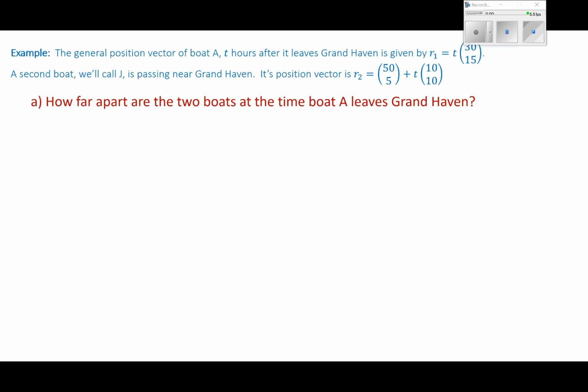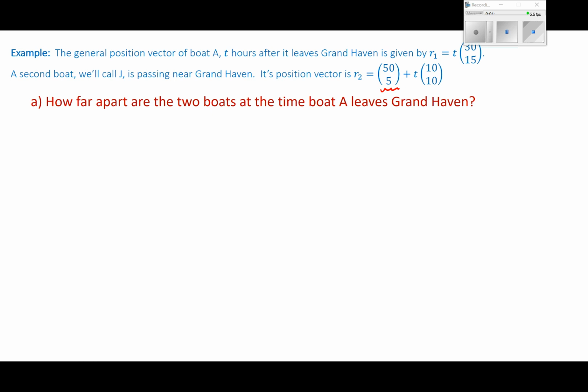So let's take a look at an example. The general position vector of boat A, t hours after it leaves Grand Haven, is given by r sub 1 equals t times the vector (30, 15). Second boat we'll call J. It's passing near Grand Haven. Its position vector is r sub 2, vector (50, 5).